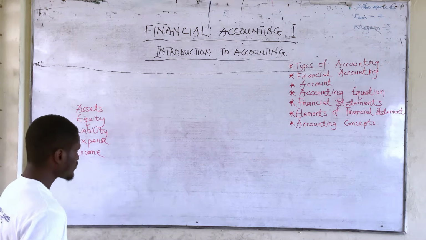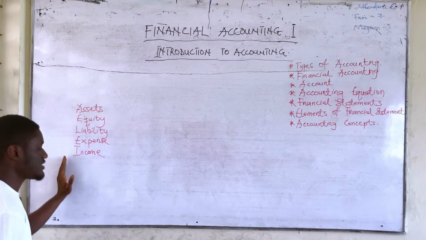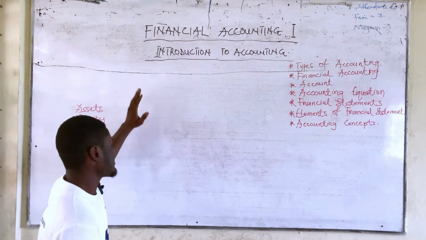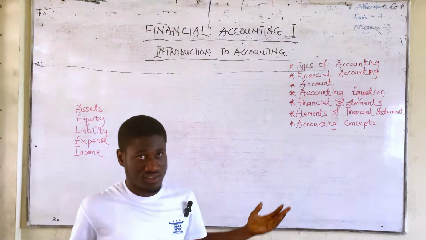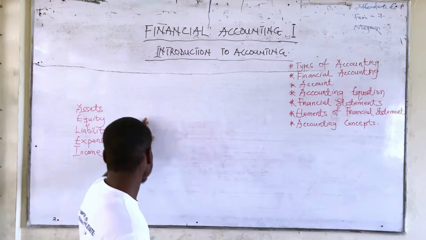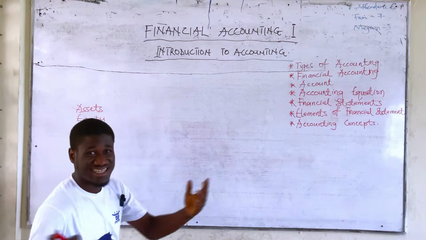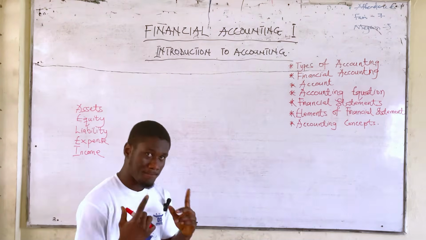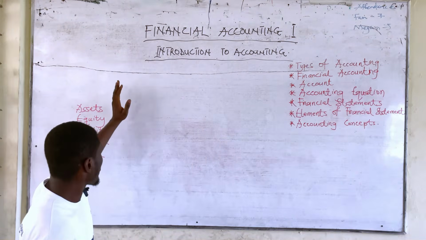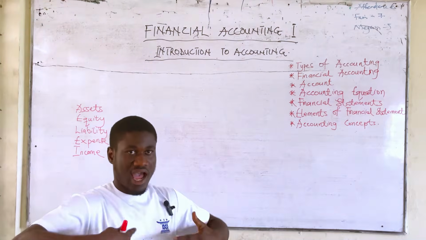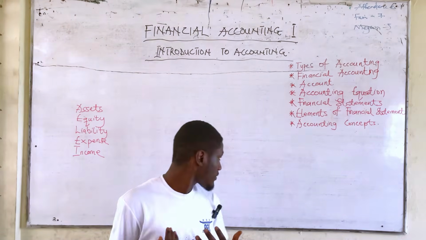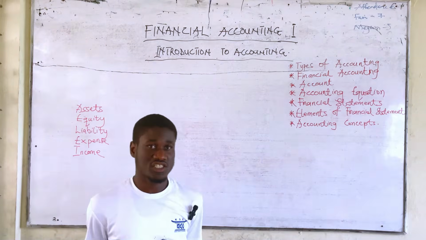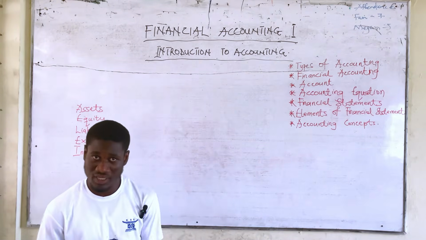Good. So we are going to explain these one by one. Assets. Assets are the economic resources that have the right or potential of providing us with economic benefits. So assets, they are our resources. They are economic resources that have the potential of providing us with economic benefits.